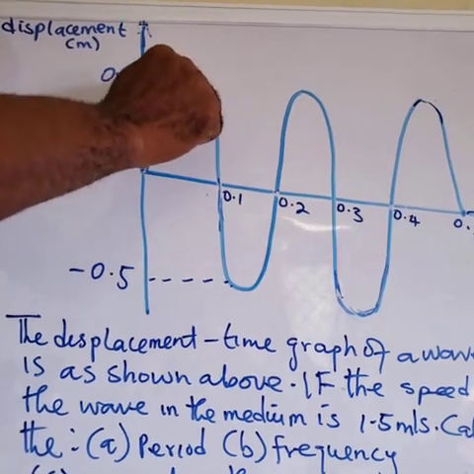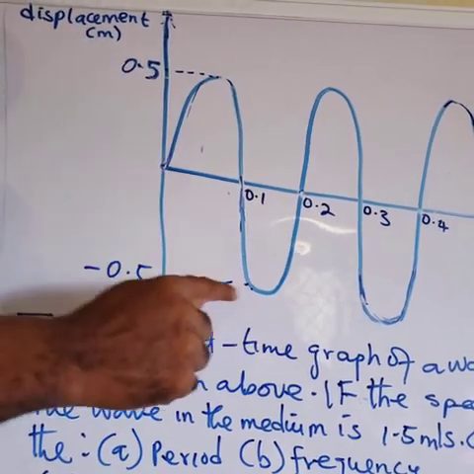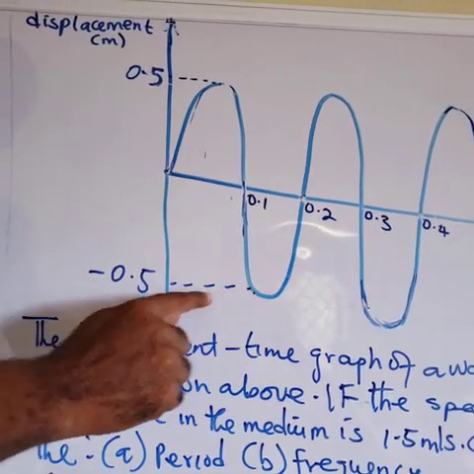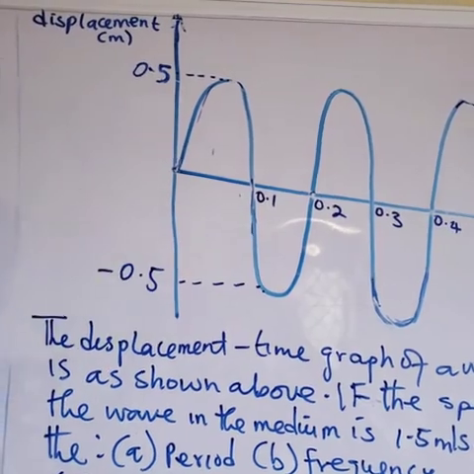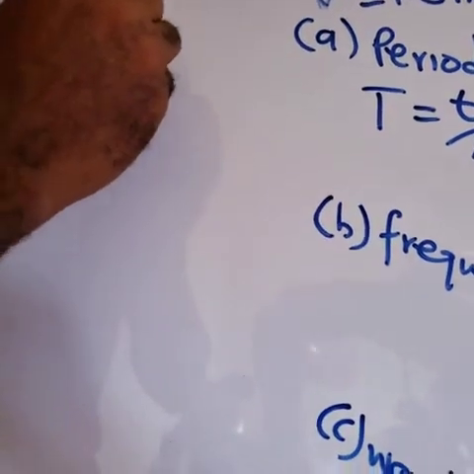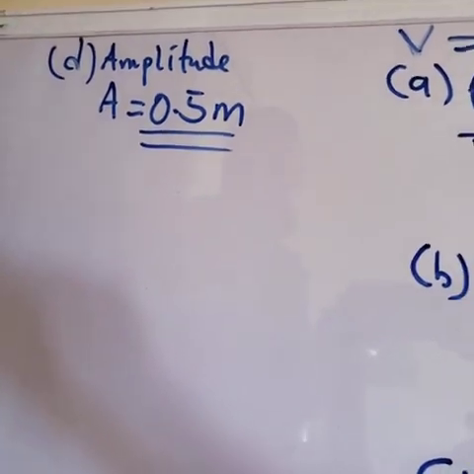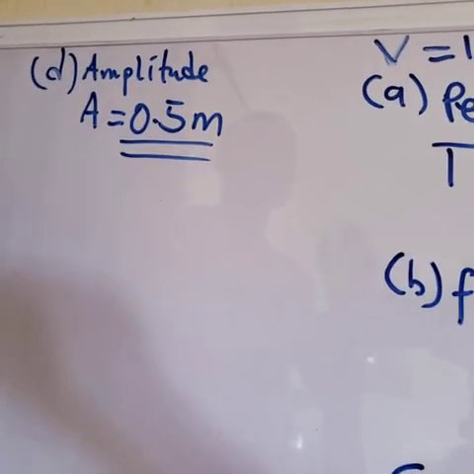What was the maximum upward movement the wave made? 0.5. What was the maximum downward movement the wave made? 0.5. And that is the amplitude, that maximum displacement above or below the equilibrium position. And this is how you simply go about solving all these problems from the graph.